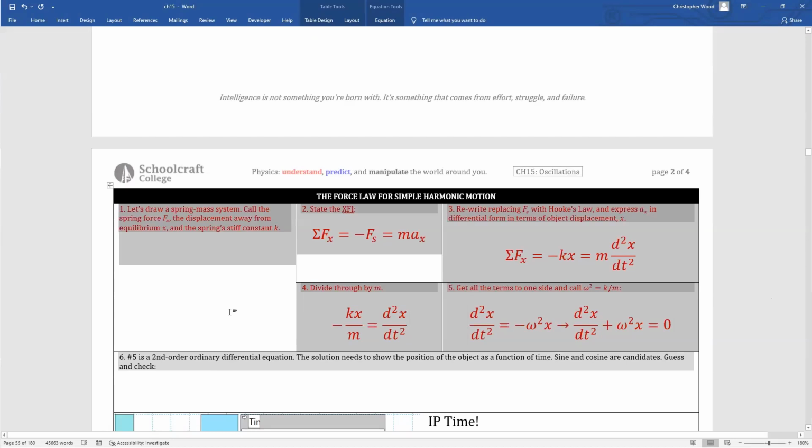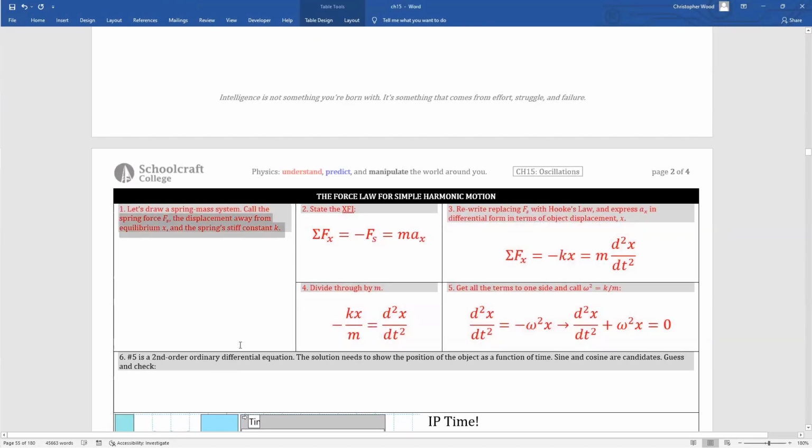Let's draw a spring mass system. I'm not going to go through this whole thing, but your lecture video does. It says if we have a block sitting on a table attached to a spring, this is M for mass, and this is a spring stiffness constant.